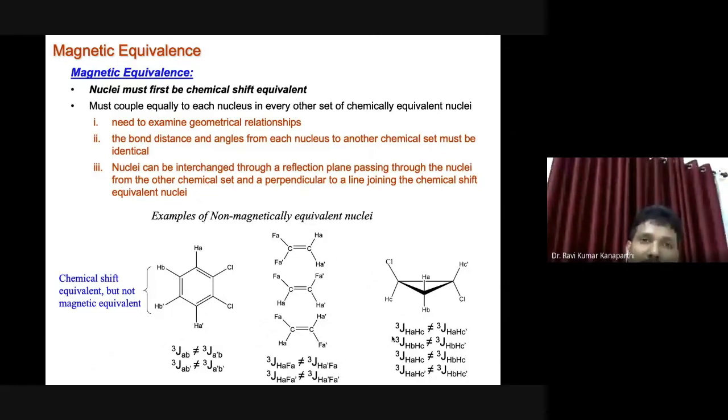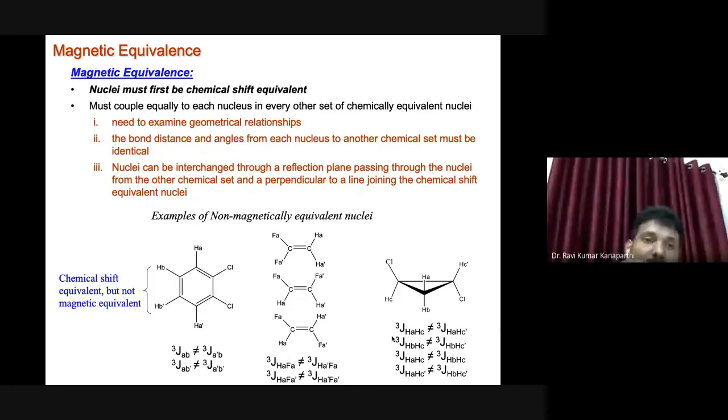If they are said to be magnetically equivalent, then imagine that there is a third nucleus, and if these two initially taken nuclei couple with the third one in the same fashion, then we say these two nuclei are magnetically equivalent. If they are interacting differently, then we say magnetically non-equivalent.